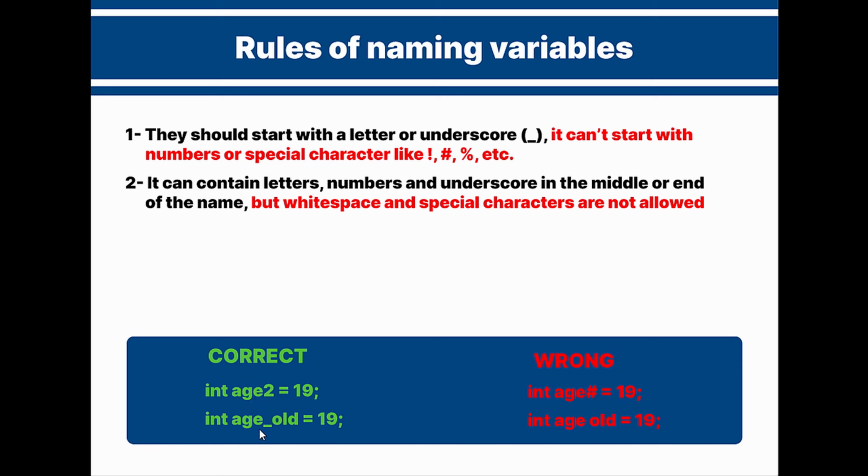And this one is also correct because it starts with a letter and has an underscore in the middle, and that's fine. And if it didn't have any underscore in the middle of the name, that's also fine. But this one is considered wrong because it contains a special character, which is a hashtag. Also this one is wrong because it has a white space.